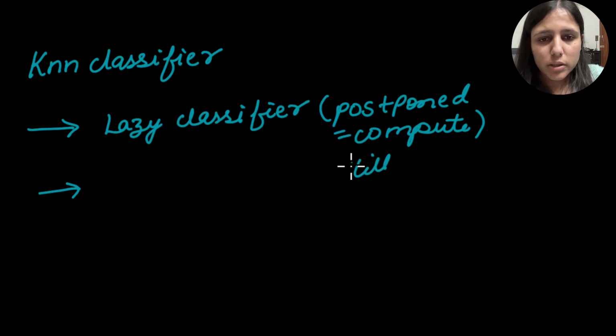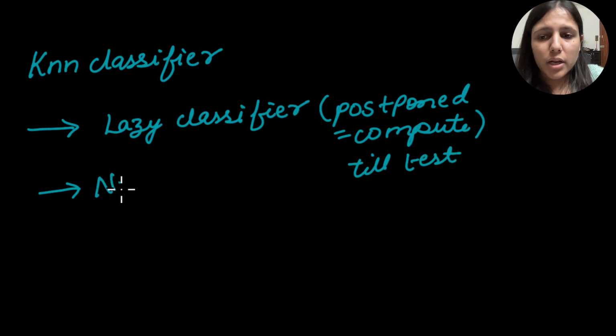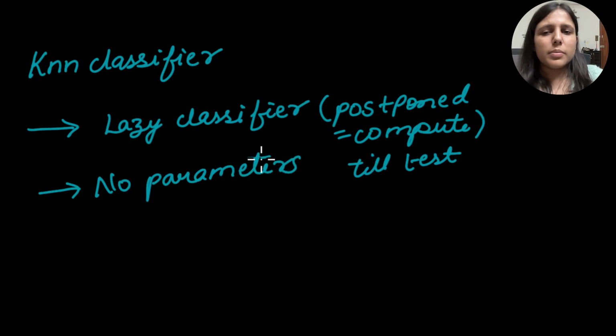Because there is no learning, there are no parameters that are learned. For example, in all the other algorithms like linear regression or a neural network, there are some weights and biases that you learn.